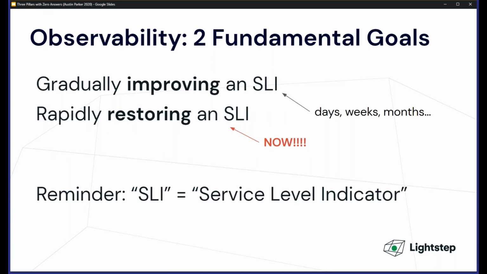So there are two goals that observability leads towards. Going back to that goals and activities slide, you really are looking to gradually improve an SLI. An example of this would be, your PM says, hey, our product's too slow, our service is too slow.